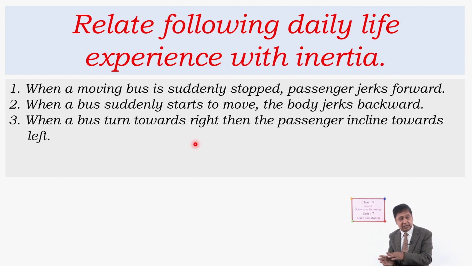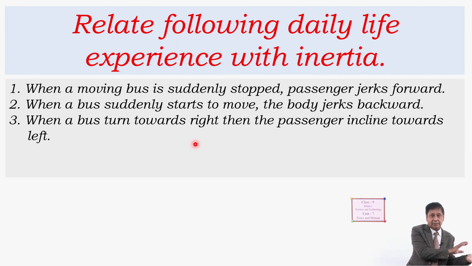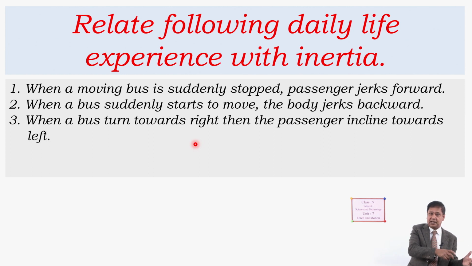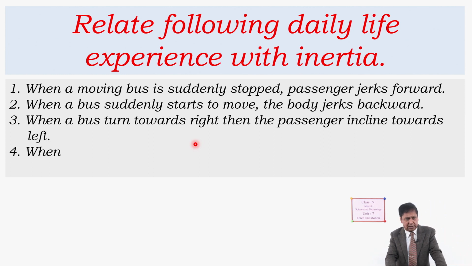So the previous direction is towards the left, and that's why the body tilts towards the left, but the bus turns towards the right. This is because of inertia of motion and direction. Okay, next question, look at this.